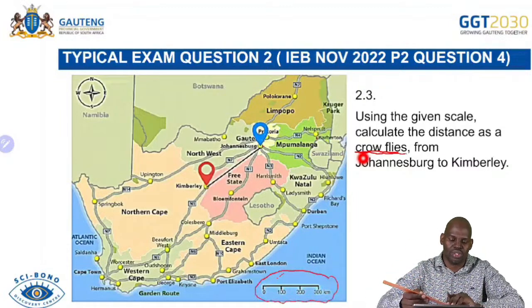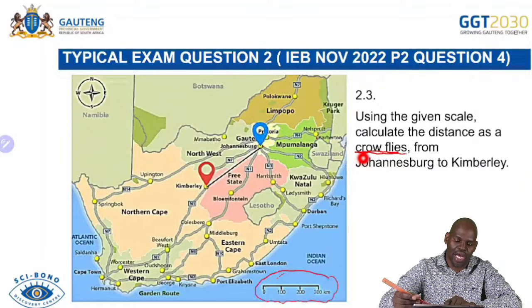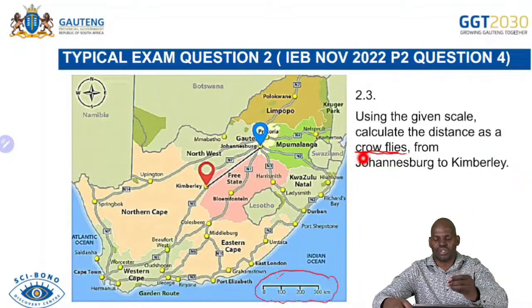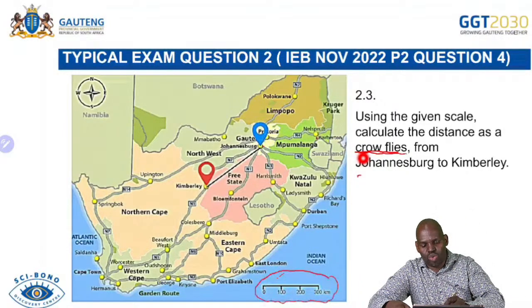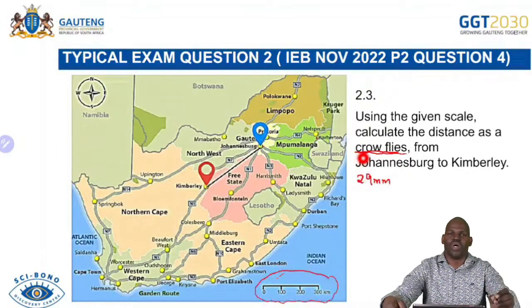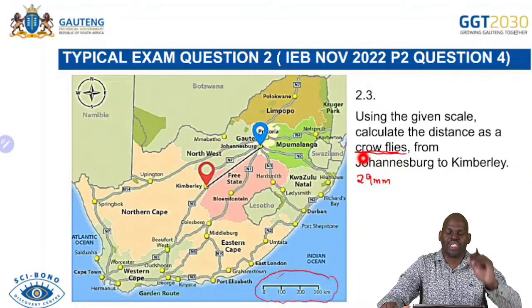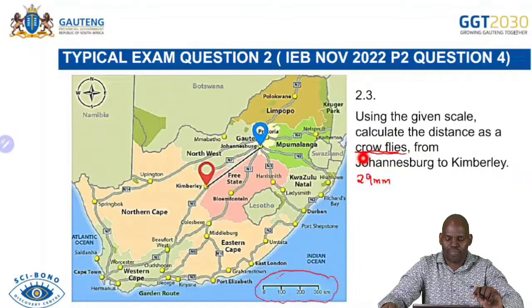If I use my ruler, I'm getting about 29 millimeters. So it's 29 millimeters is what I'm getting. So that is the measured distance between Johannesburg and Kimberley using a ruler.